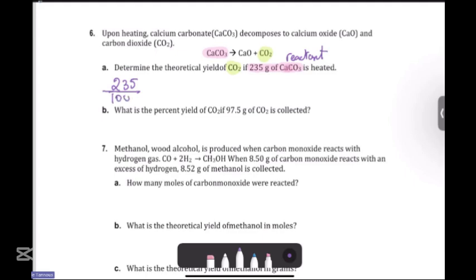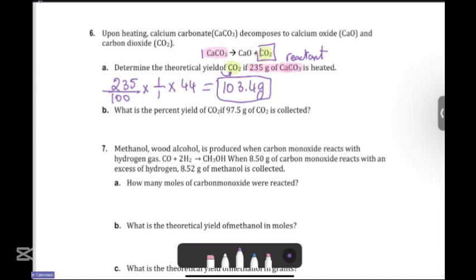So multiplied by 1 over 1 and multiplied by the molar mass of the theoretical yield we are getting. So it's carbon plus 2 oxygen. So finally, the answer is 103.4 gram. That's the highest amount that we can get.